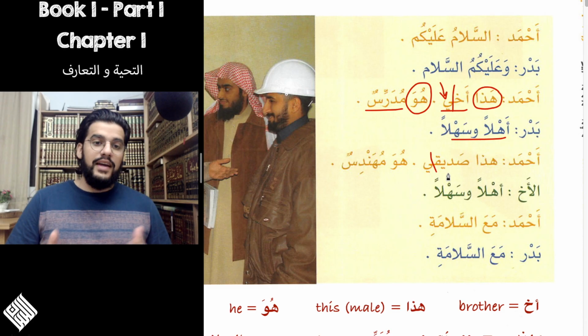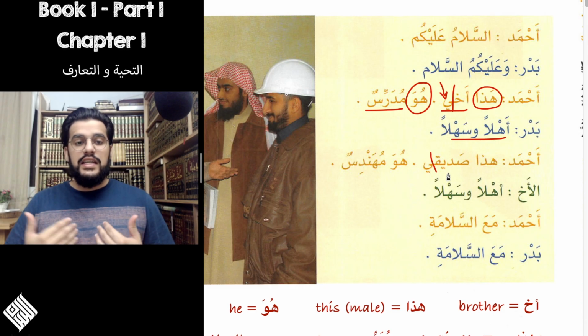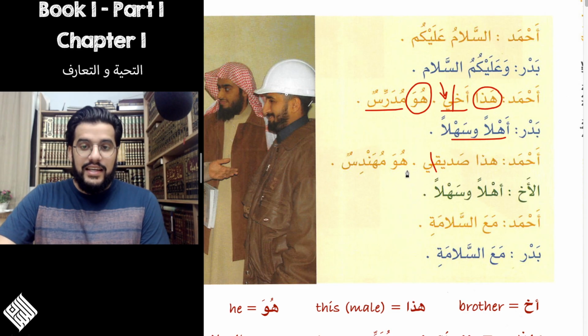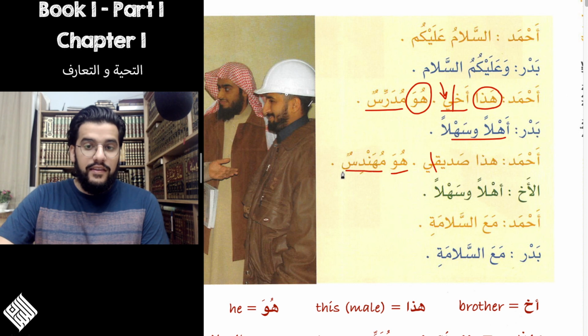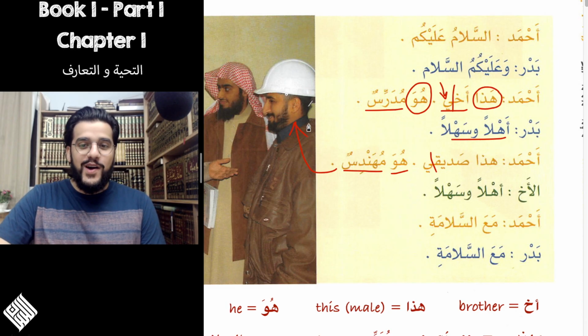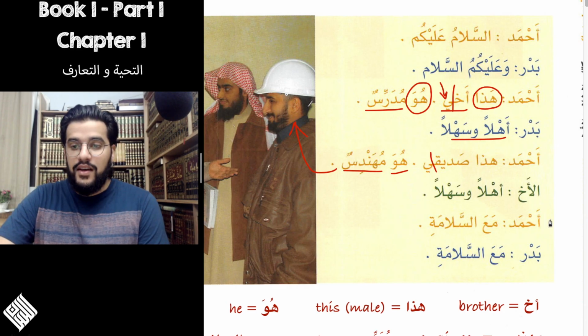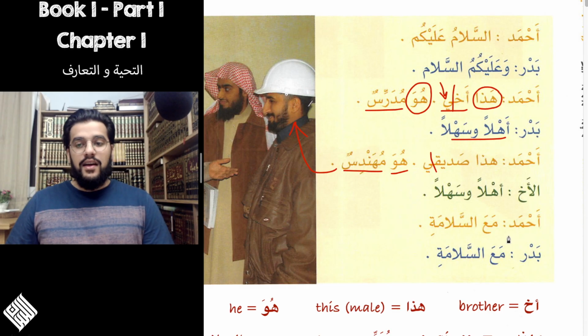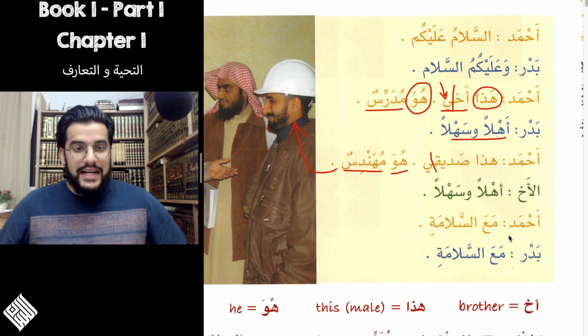So my friend would be صديقي. هو مهندس. هو we said means he is. مهندس means an engineer, as you can probably tell from the picture here. He's got the helmet. هو مهندس. And then Badr says Ahlan wa sahlan, welcome, nice to meet you. And then Ahmad ends the conversation with Ma'a salama, and Badr replies Ma'a salama.